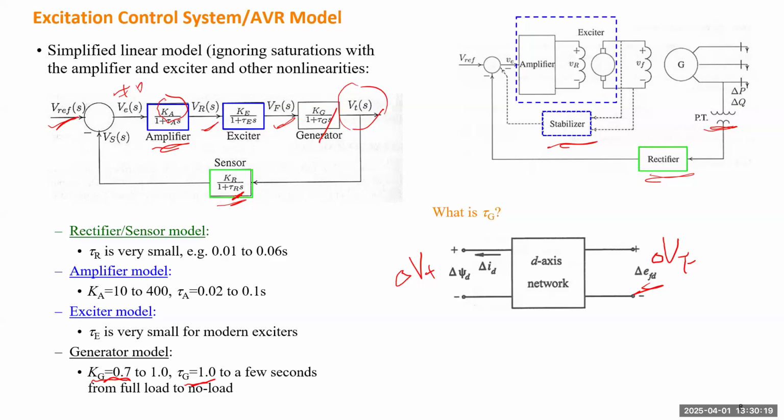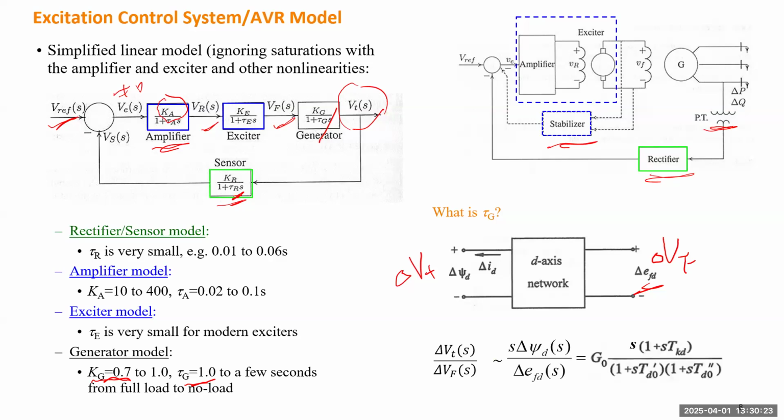The open circuit time constants. Those two. Okay, so we know the TD0 prime is much longer than TD0 double prime. So for simplicity, we ignore the double prime time constant. So this one will be about the value of your tau G. That's why the tau G will take 1 second to a few seconds.